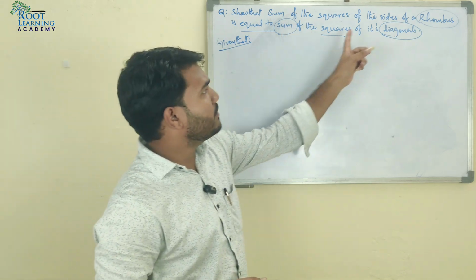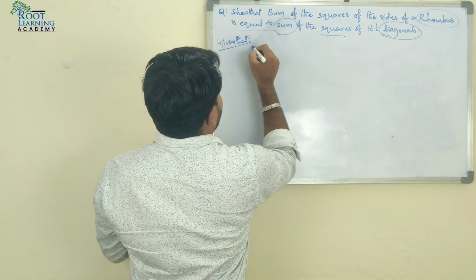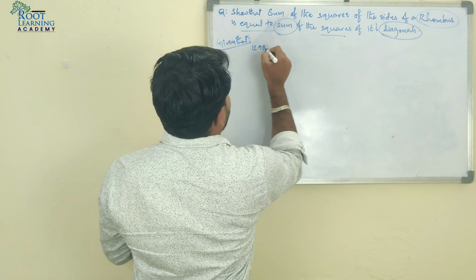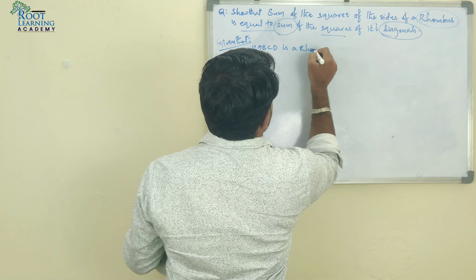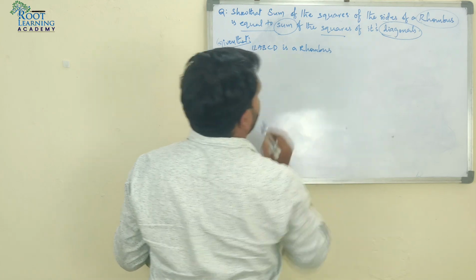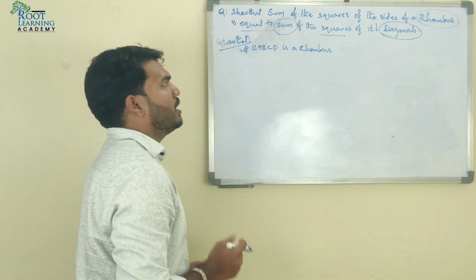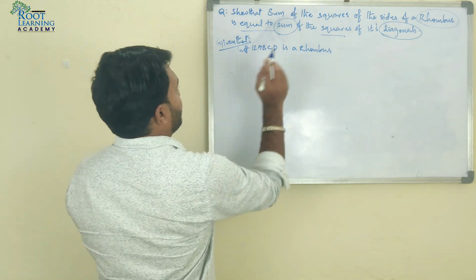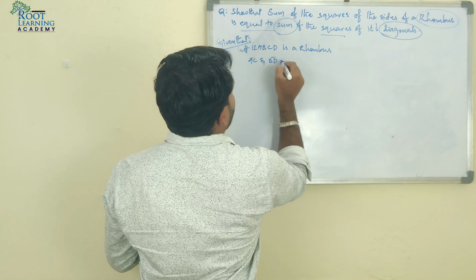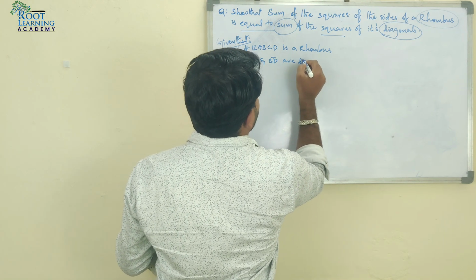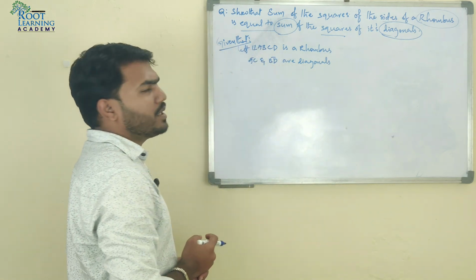Sum of the squares of the sides of a rhombus. I am taking a rhombus here. Quadrilateral ABCD is a rhombus. Let's just assume that quadrilateral ABCD is a rhombus. Here AC and BD are diagonals.